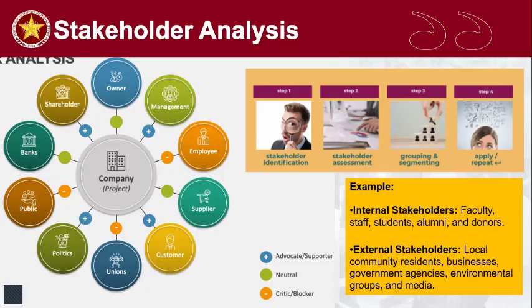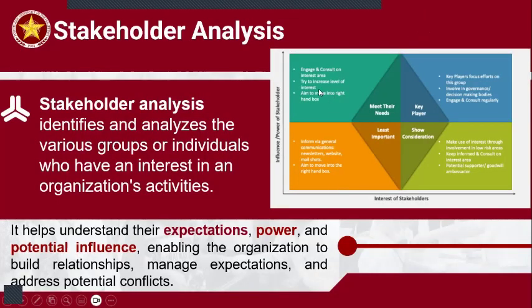So if we categorize them already, we can make such decisions according to this leveling. Who are the key players? Who are the ones we need to meet the needs of? Who are the least important? And who are those showing consideration, or we consider?